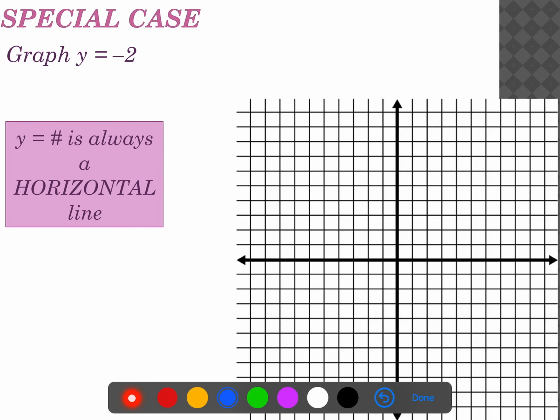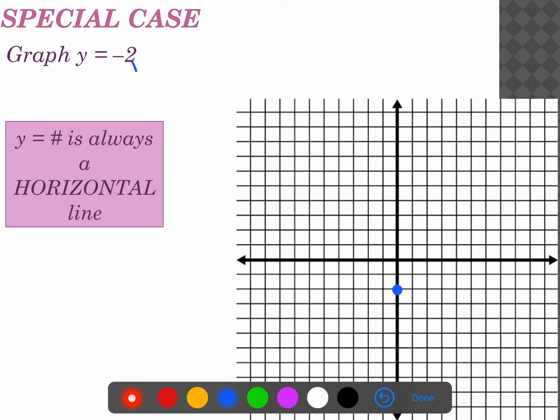Okay, while we're still in slope-intercept form, we have 2 special cases. All right, so this first one, it's just y equals a number. Okay, so there's not a full y equals mx plus b here. Okay, so when it's just y equals a number, I can find that value on the y-axis.